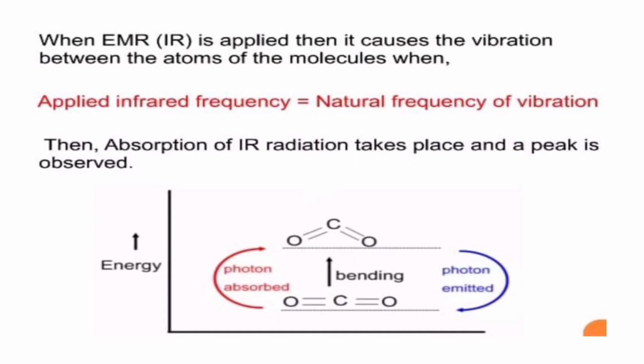When EMR is applied, it causes vibration between the atoms of the molecule. When the applied infrared frequency is equal to the natural frequency of vibration, absorption of IR radiation takes place and a peak is observed.